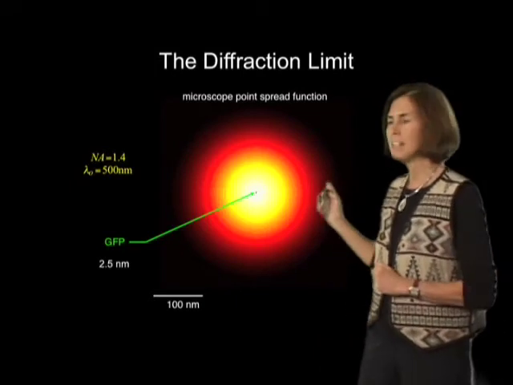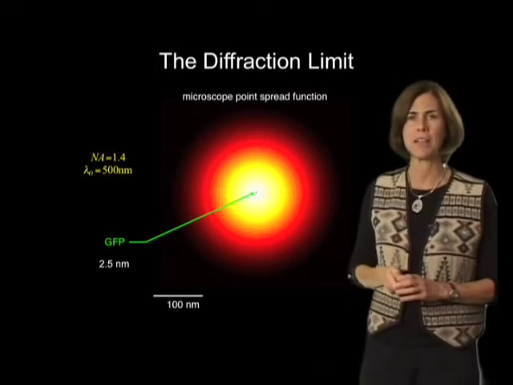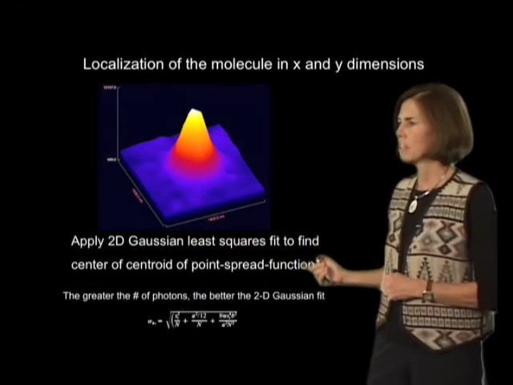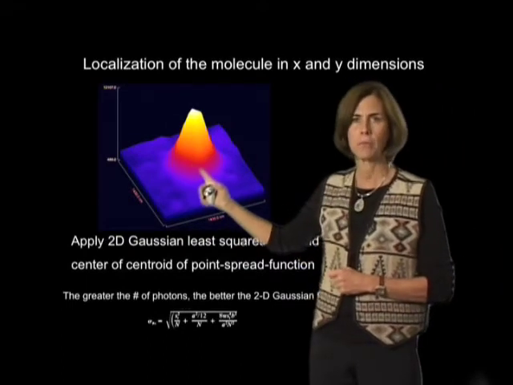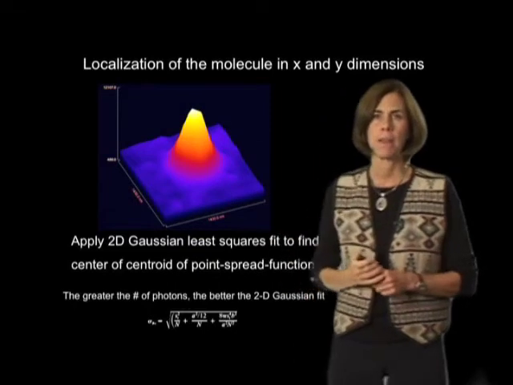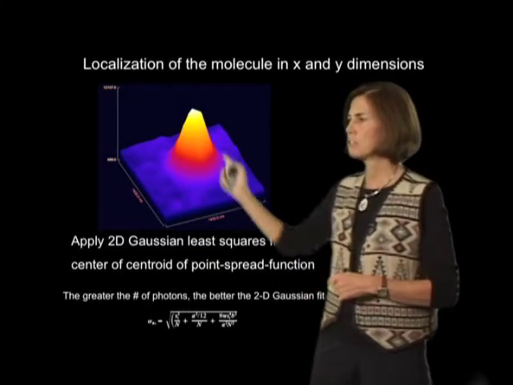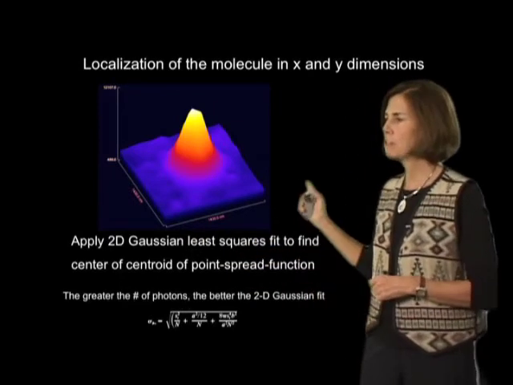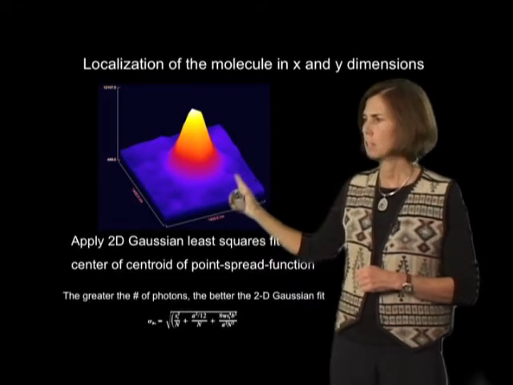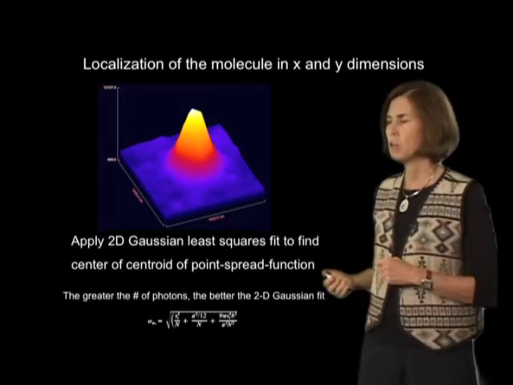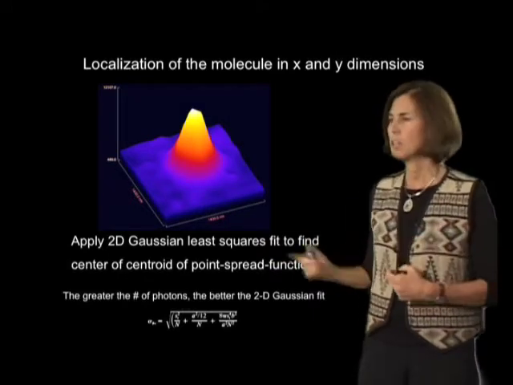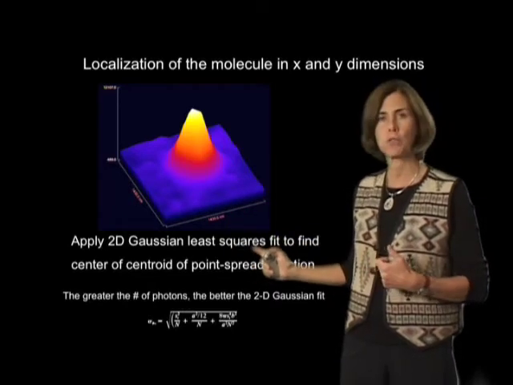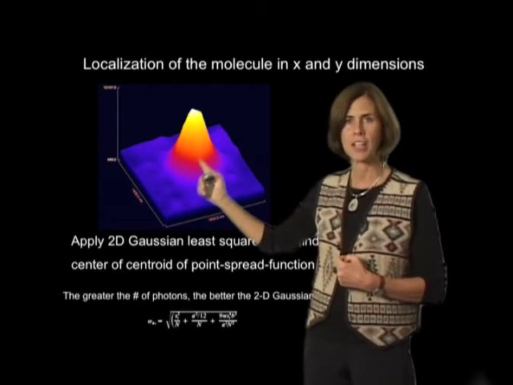Well, there's one way to get around this diffraction limit using an interesting approach, which is the recognition that if one looks at a single molecule, the microscope point spread function, or blurry spot, has a Gaussian distribution when you look at it in X and Y. So if you are imaging a single fluorescent protein, you can, with fairly good accuracy, determine where the molecule must exist within this PSF by simply applying a 2D Gaussian least squares fit to determine the centroid of this Gaussian.